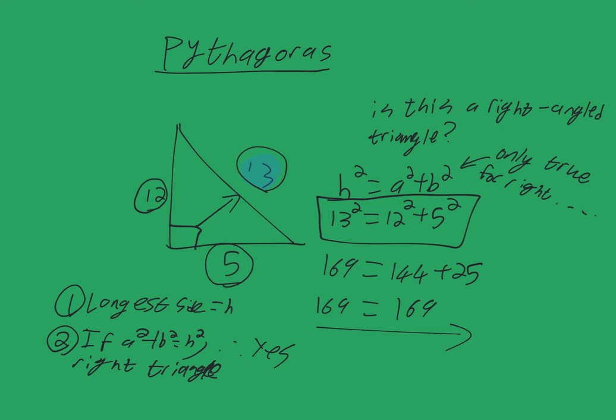And lastly, if you're given the hypotenuse and another side, so for example, in this case, we were given 13 and 12, we would be able to find x here by just manipulating the Pythagoras formula. Okay, so if you have any questions, feel free to ask.